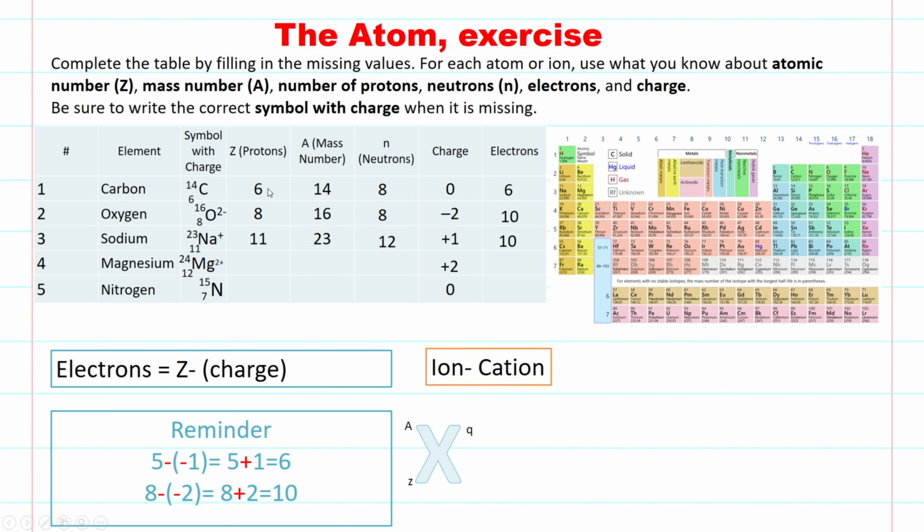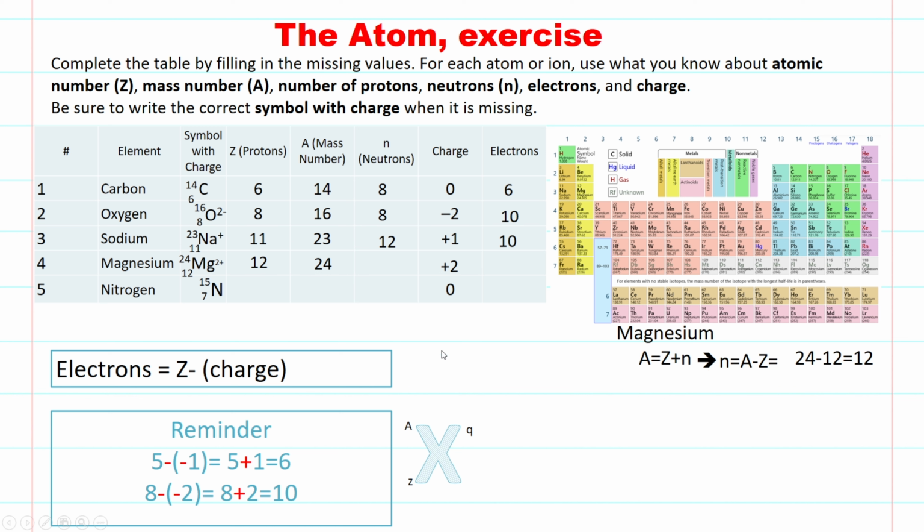Z equals 12, so it has 12 protons, and A equals 24. Again, N equals 24 minus 12 equals 12 neutrons. The charge is +2.